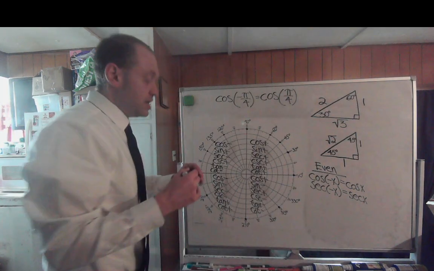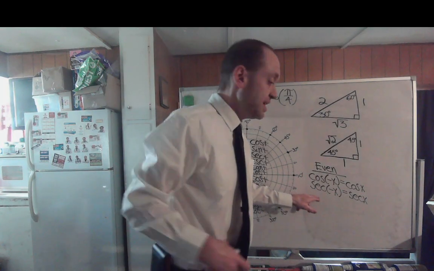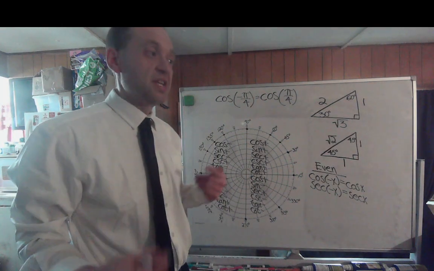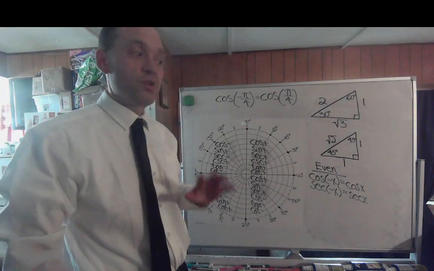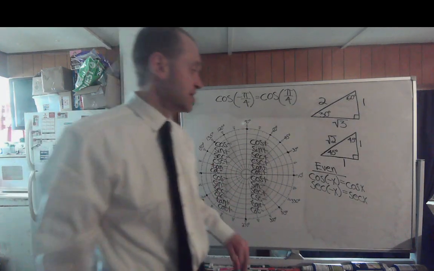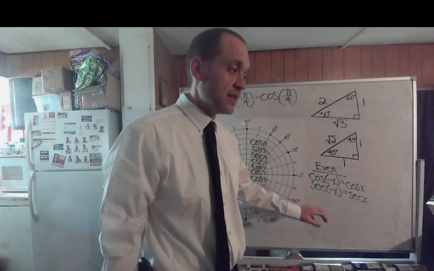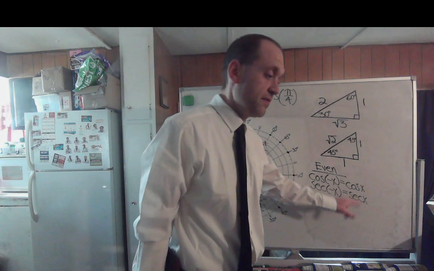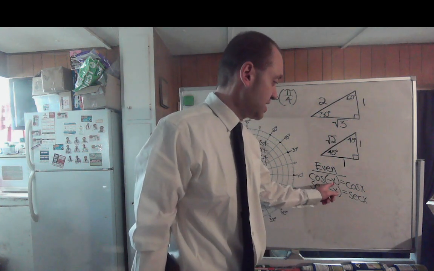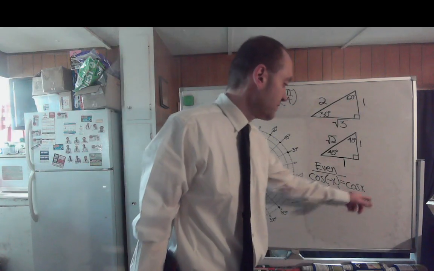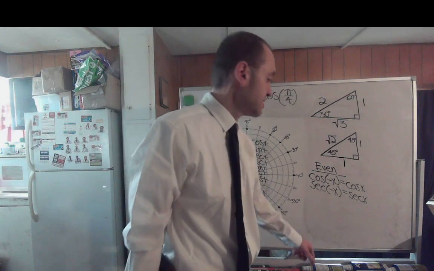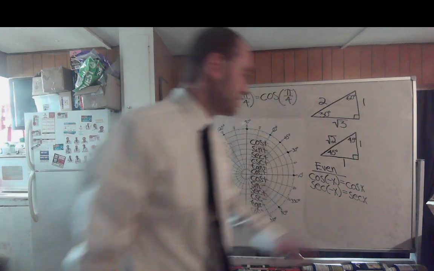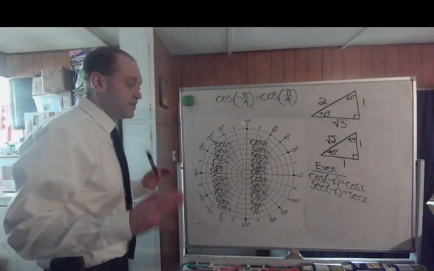So both cosine and secant are even functions, and of course an even function definition, no matter what type of function it is, if you take f of negative x, if you put negative x in for your function, you should get back plain old f of x. So cosine of negative x equals cosine of x, secant of negative x equals secant of x. So those are even functions.